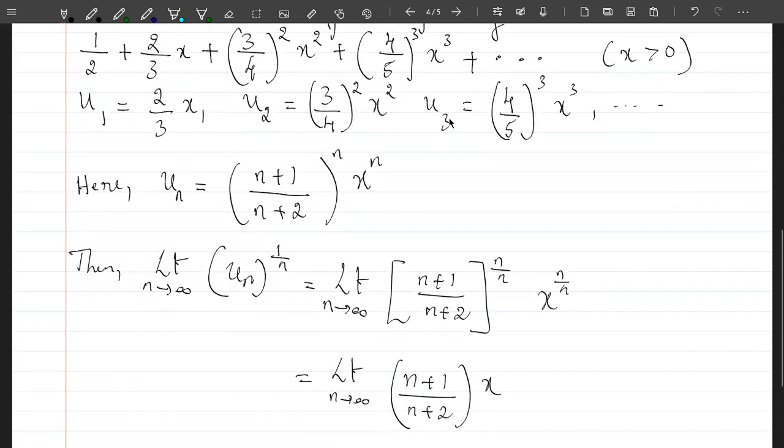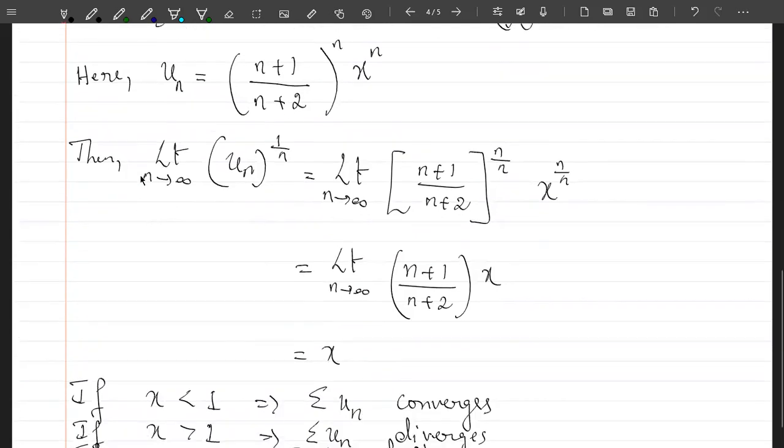So now by taking all these values, you can write the value of un, because for u1 it was 2, that is 1 plus 1, and here I got 1 plus 2 to the power n into x power n. So by considering all these terms, I can write un value as n plus 1 by n plus 2 whole power n, which is multiplied with x power n.